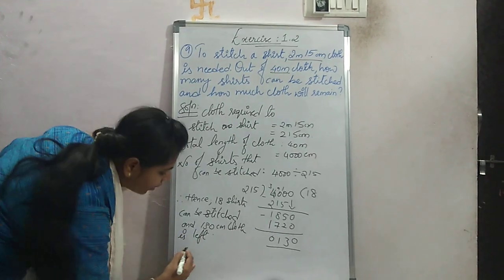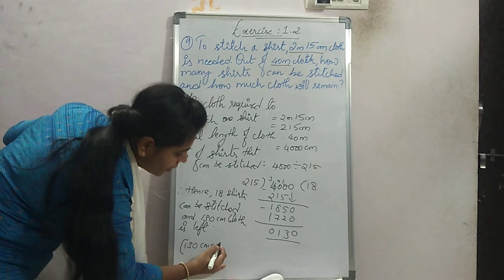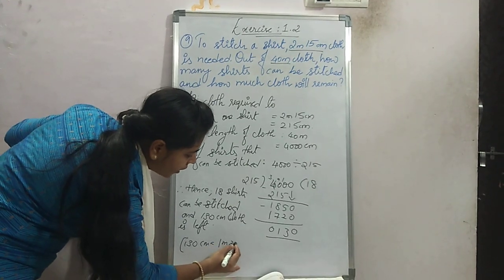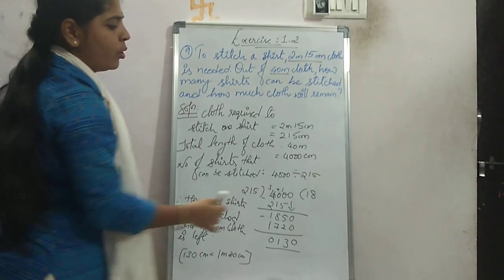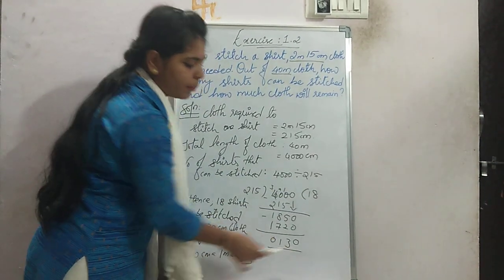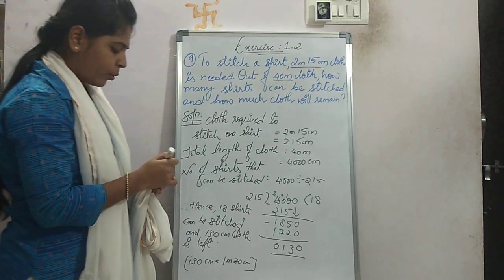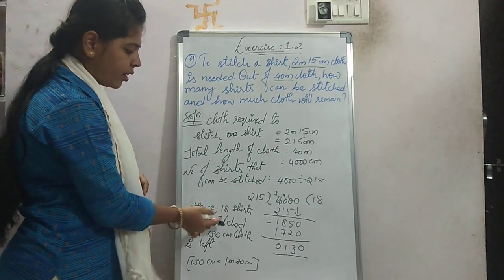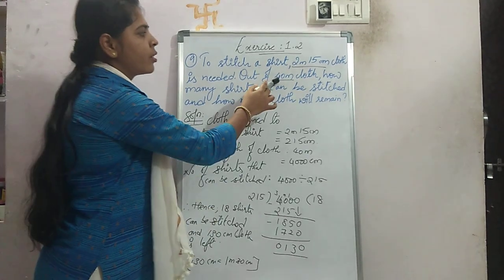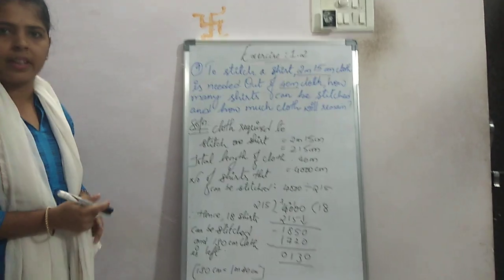So now you can write it in meter, that is 130 centimeter is nothing but 1 meter 30 centimeter, right? So from the quotient you got that it is 18 shirts and from the remainder you got 130 centimeter, that is the cloth left out, 130 centimeter extra. So 18 shirts can be stitched in the 40 meter cloth. Left out cloth is this much. This is the final answer.